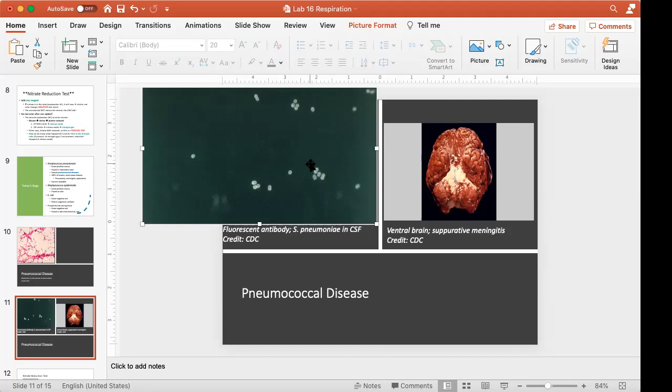That's not nearly as important as noticing that these are bacterial cells. These are circular or spherical cocci, and this happens to be a Streptococcus pneumoniae. Now you'll notice that they're not really chaining in here.